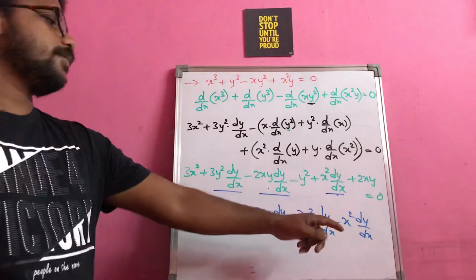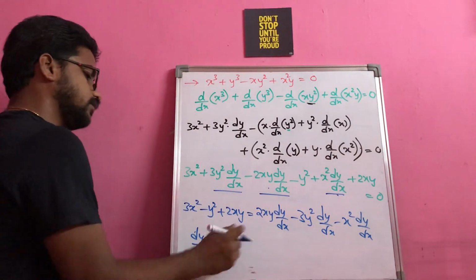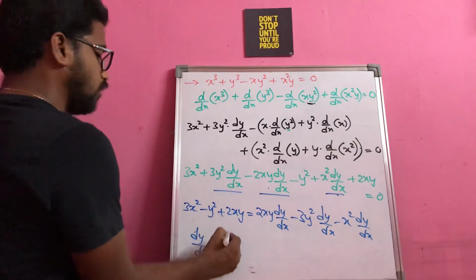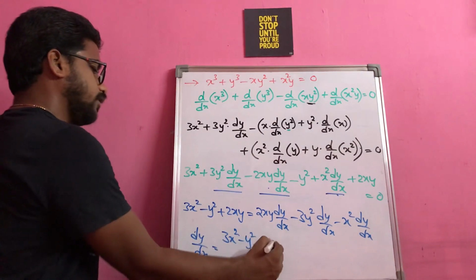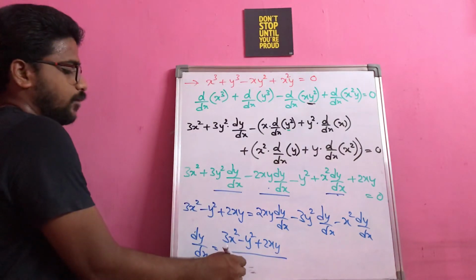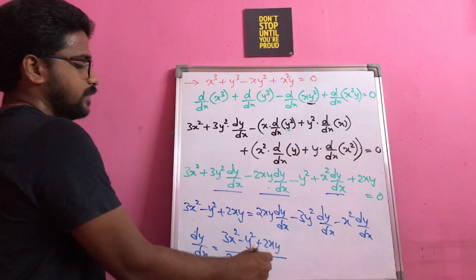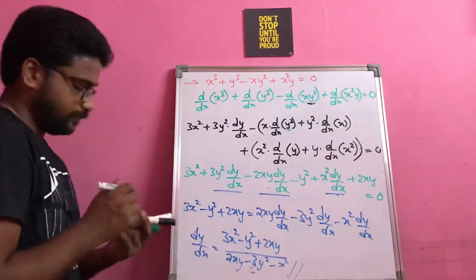So take this dy by dx as a common. Finally you will be getting the answer as dy by dx, if you take as a common, 3x square minus y square plus 2xy whole divided by 2xy minus 3y square minus x square, right?